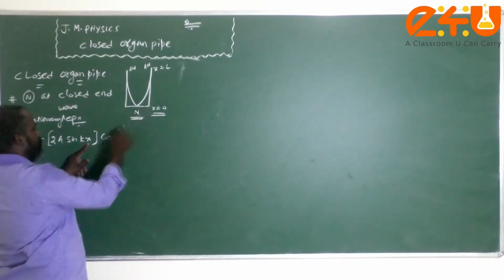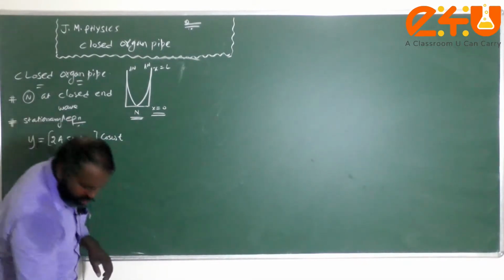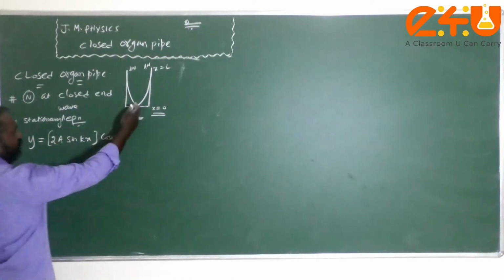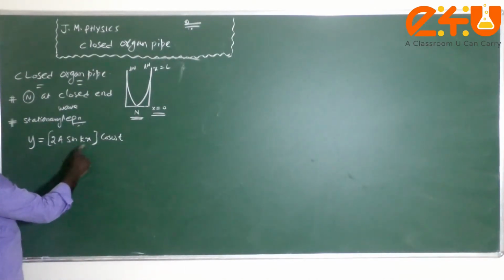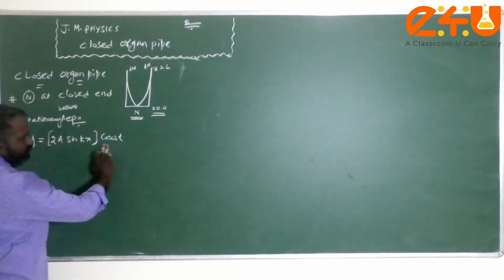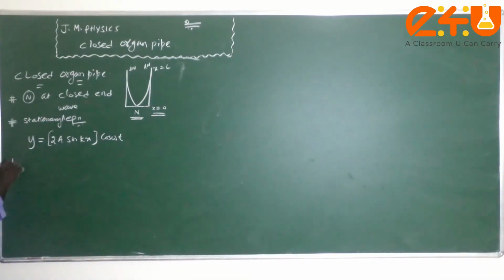This condition is possible only for the sine function, because only sin 0 is 0. If an antinode is formed, I will take cos kx, but the time term remains the same.